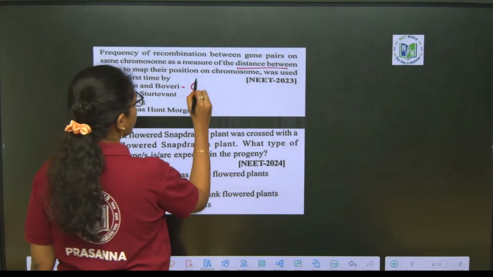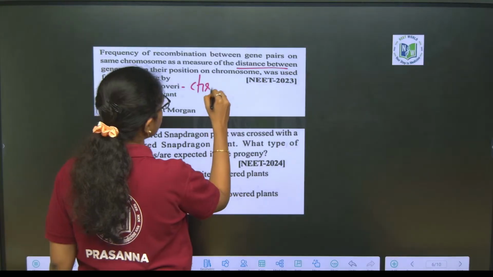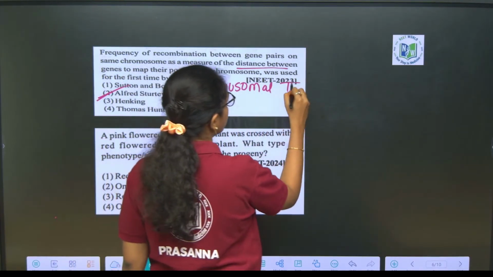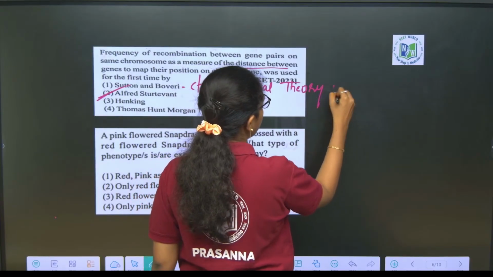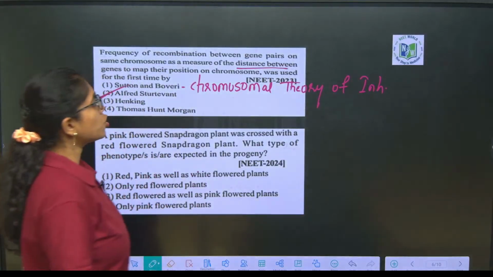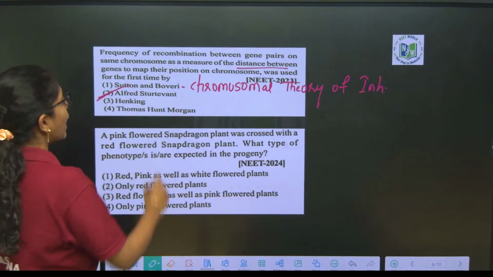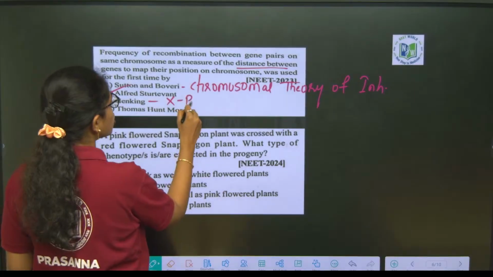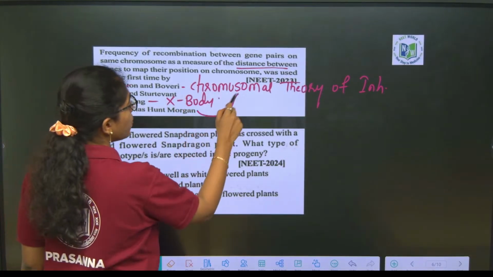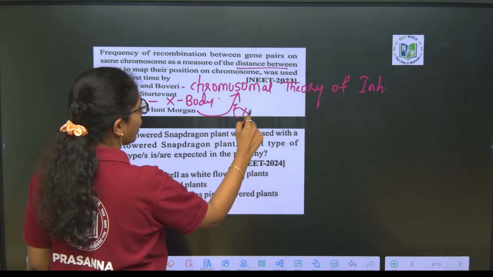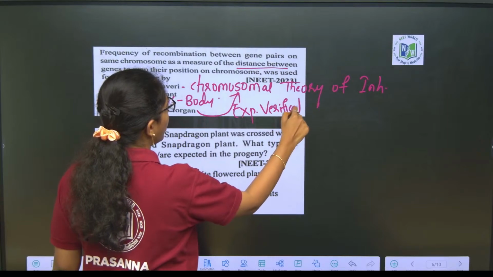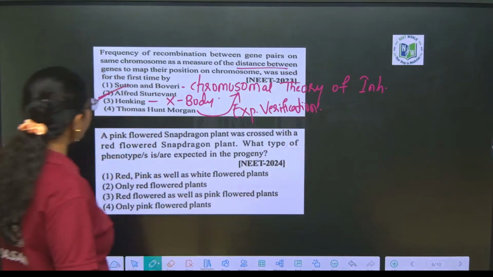Alfred Sturtevant did gene mapping, and Henking identified the X body. Thomas Hunt Morgan gave an experimental verification on the chromosomal theory of inheritance.